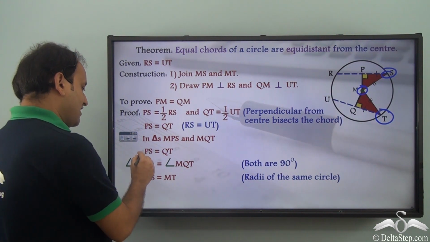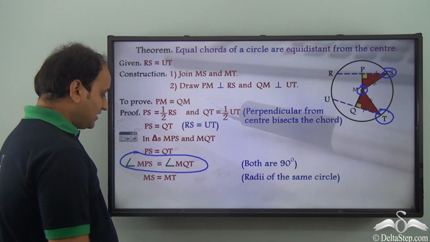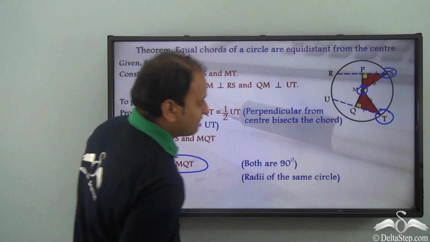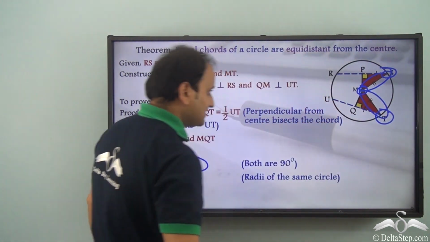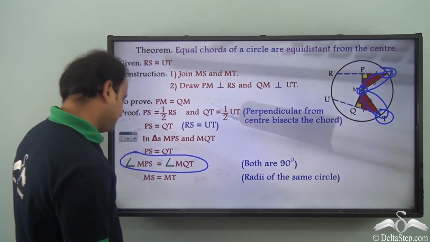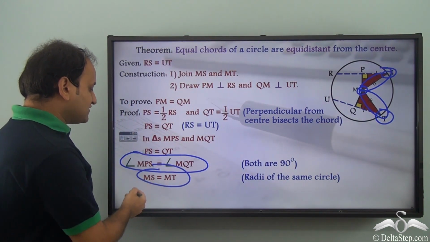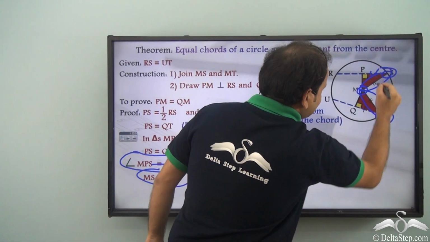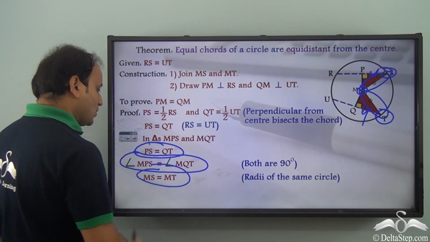So we have right angles. We have proved them equal. Then we also have the hypotenuse here in both the cases, that is MS and MT. They have been proved equal, and also one of the sides PS and QT have been proved equal.